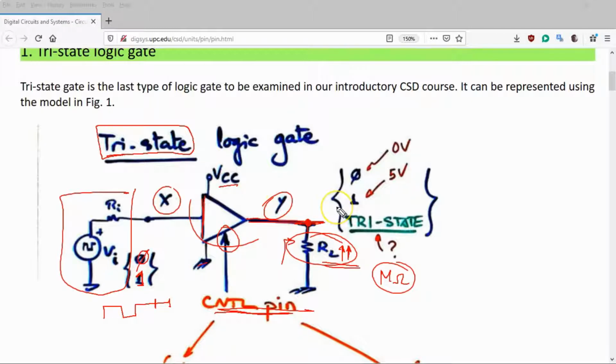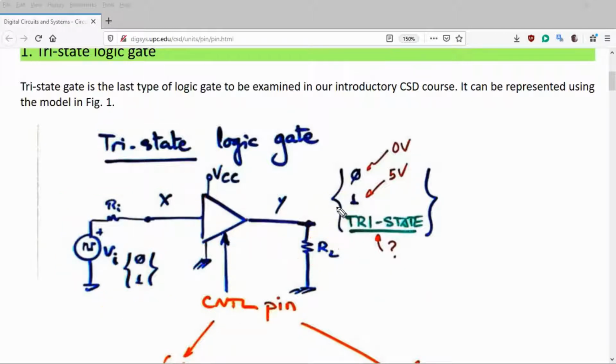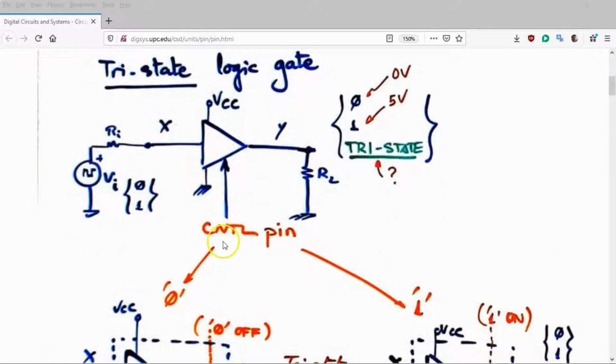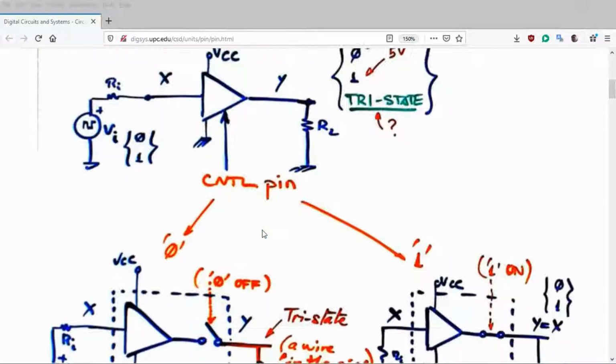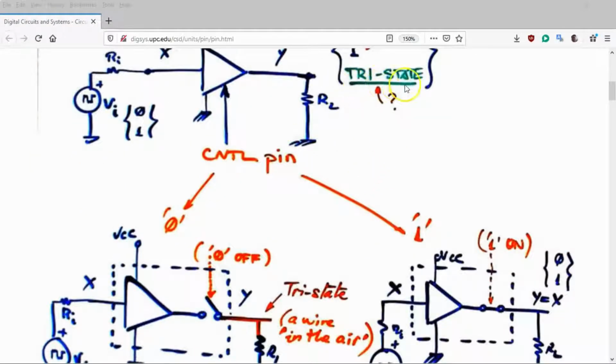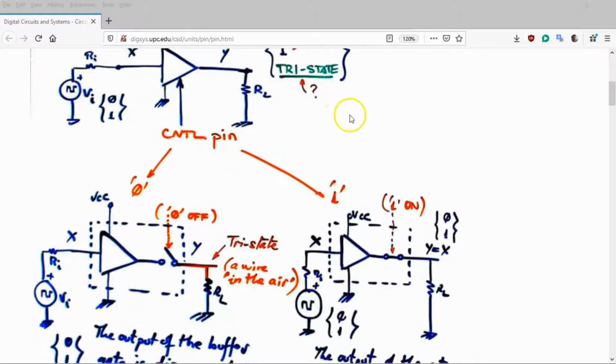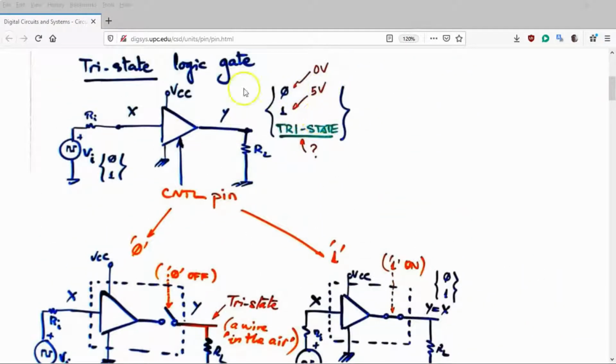So what we are going to find here is that for a given value of the control pin, what you will get is a third state, which is called three-state. So in this kind of gate, it is possible to get, as usual, a 0, the typical 0.